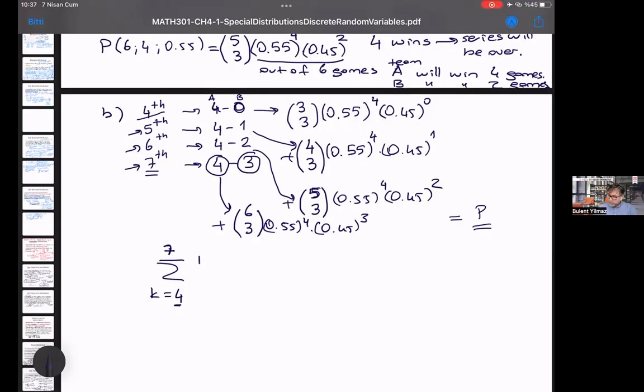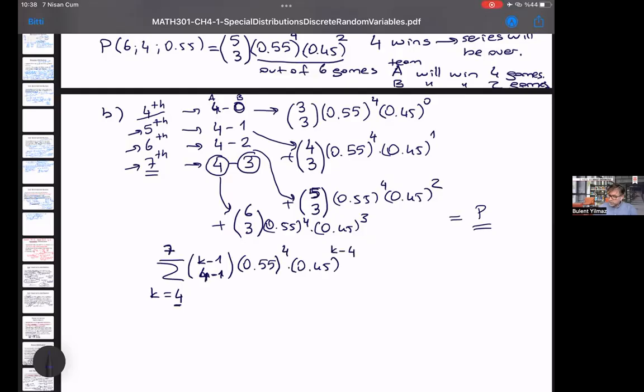K minus 1, M minus 1, again 0.55. I know what M is. M should always be 4, so 4 minus 1, and I'm gonna write 4 here, times 0.45 to the power, and totally I will have K minus 4, right?